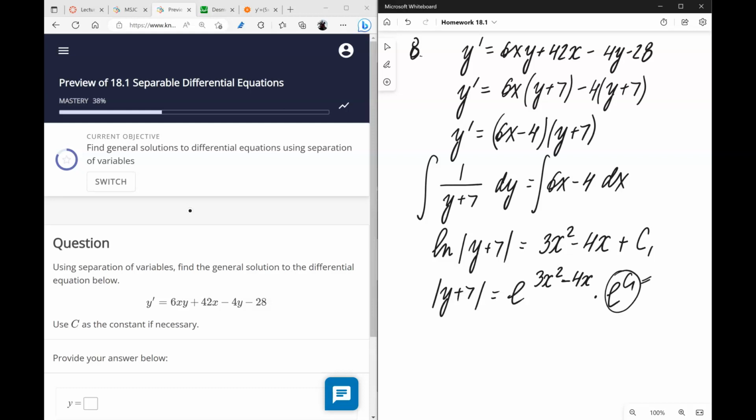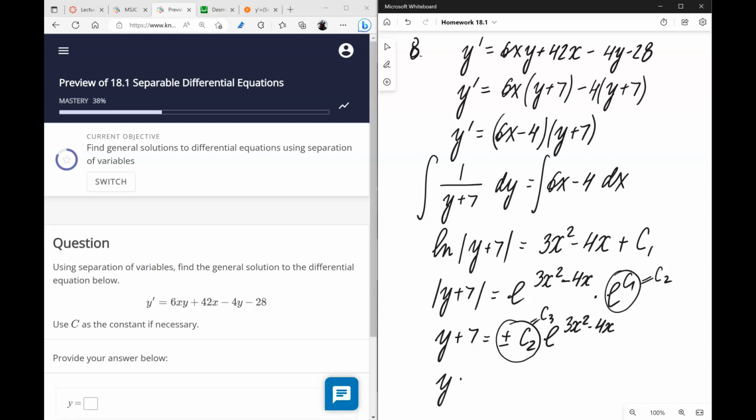Then we just call this c2, and now we have y plus 7 is equal to plus or minus c2 e to the power 3x squared minus 4x. So plus or minus c2 becomes c3.